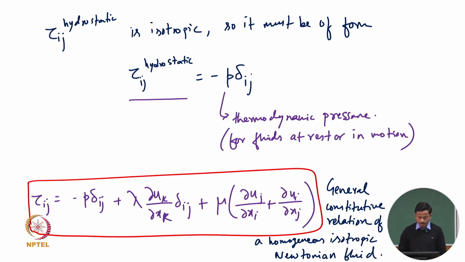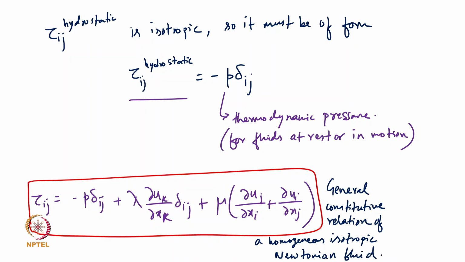So it's important that it's a Newtonian fluid. So the shear stress is linearly proportional to the rate of strain or the velocity gradient.